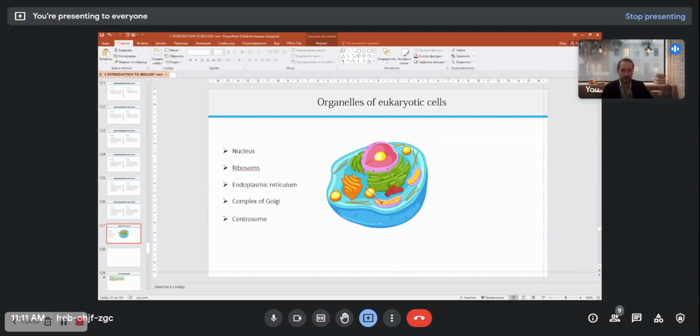It is transferred into mitochondria, and there glucose is processed in such a way that it breaks down and energy is released. And at the same time, this energy will be transferred into the form of adenosine triphosphate, and adenosine triphosphate will be used as a chemical form of immediately available energy.